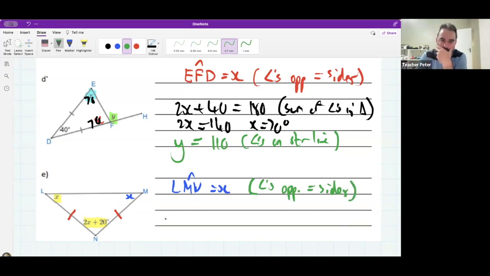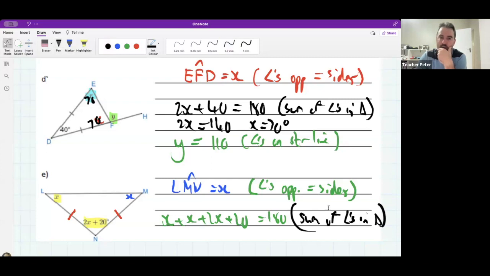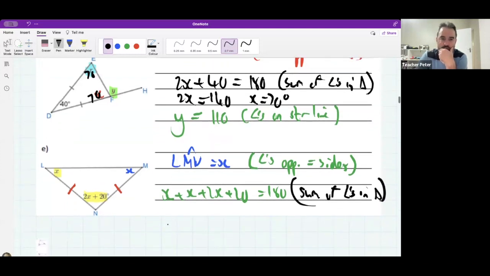And then we know that x plus 2x plus 20 must be equal to 180. And that is going to be the sum of angles in a triangle. So what is my x value going to be in the end is the question. I'll wait a bit of time for you guys to tell me.